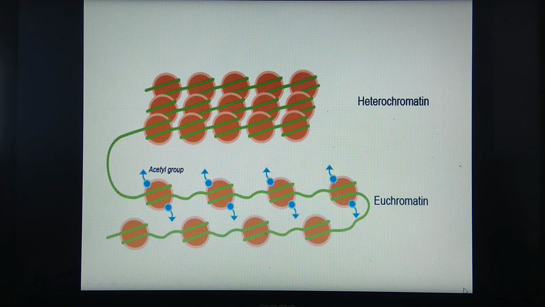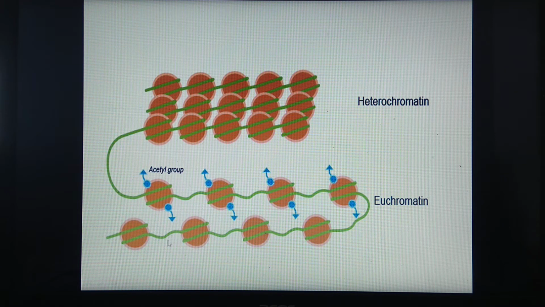So here is the diagram showing euchromatin and heterochromatin. What is this euchromatin? It is the extended part of the chromosome, and heterochromatin is the condensed part of the chromosome. What does it mean? In this diagram, the yellow colored circle means the histone octamer.